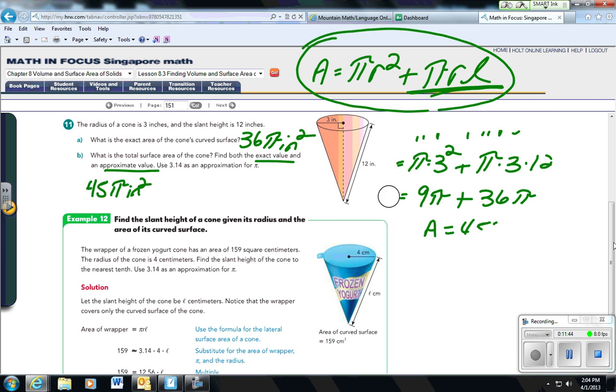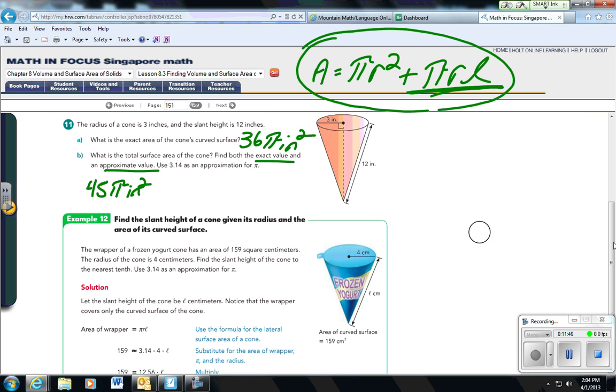Last part is to find the approximate. So exactly what we did, but use 3.14. So area equals 3.14 times 3 squared plus 3.14 times 3 times 12. Again, just plugging in all the information into the formula. So for the approximate, now you just multiply all of that together.